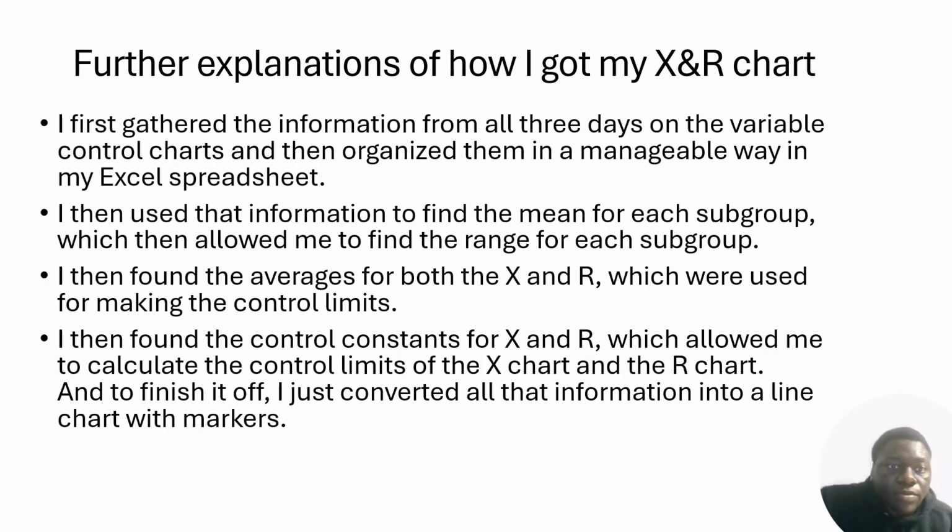I then found the averages of both X and R, which were used for making the control limits. I then found the control constant for X and R, which allowed me to calculate the control limits of the X chart and the R chart.